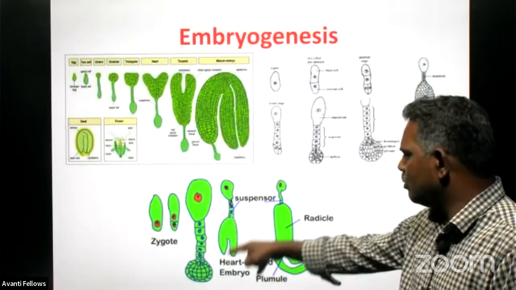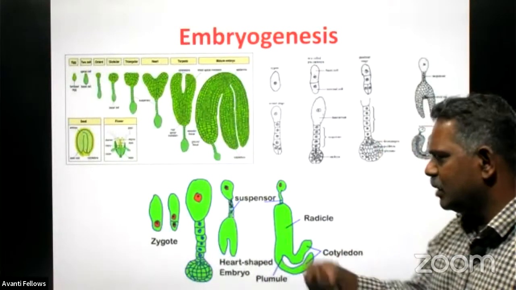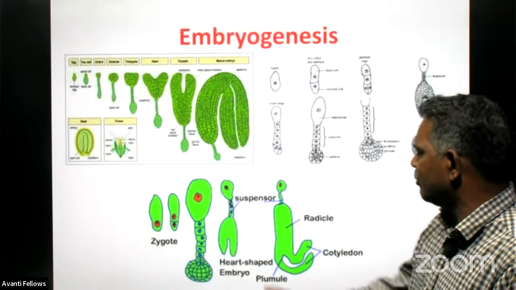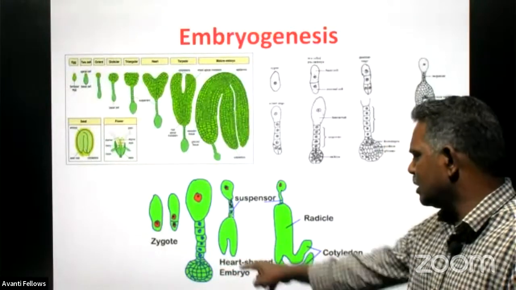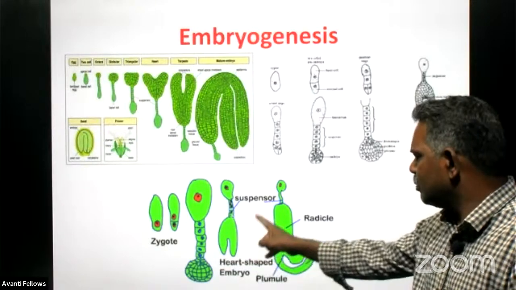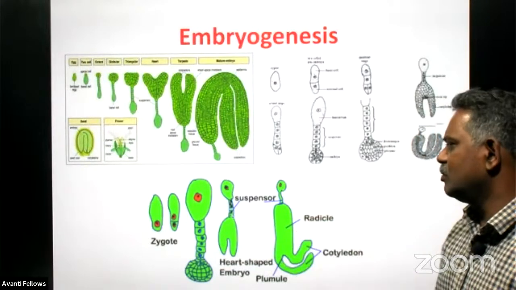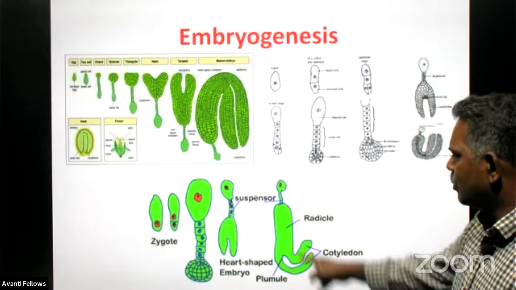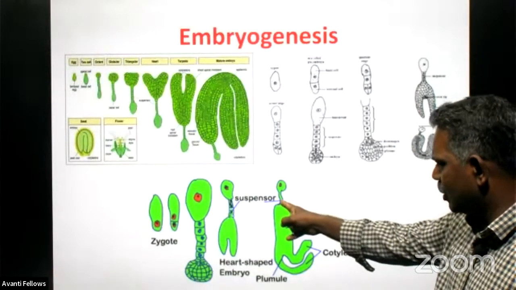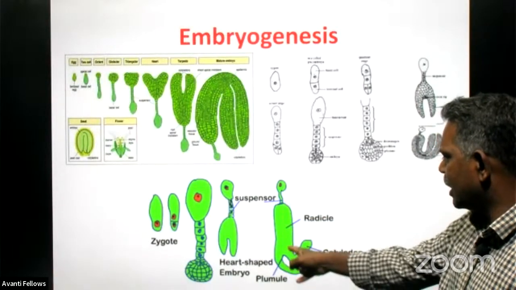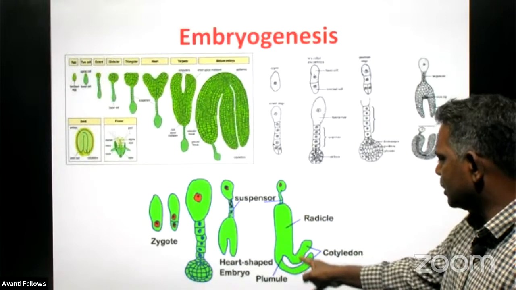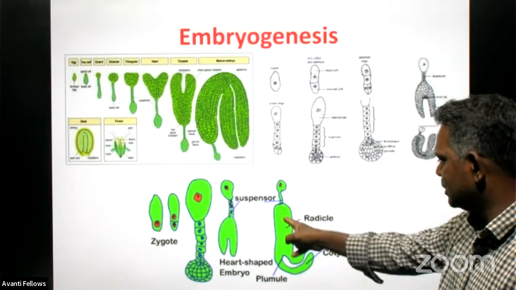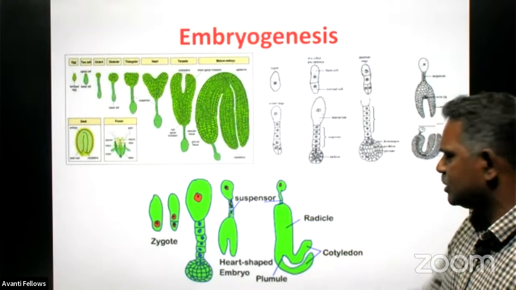In this globular embryo, the cells divide repeatedly and arrange in a specific way to get a heart-shaped embryo. This heart-shaped embryo again goes for division of the diploid cells and produces the embryonal axis, consisting of radicle and plumule, and these are the two cotyledons. In the embryonal axis, this end is the radicle, and here it is the plumule.